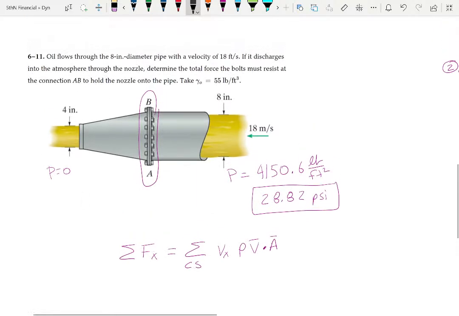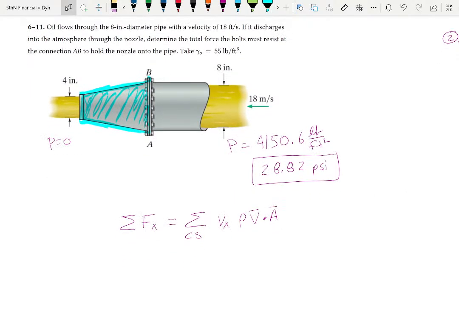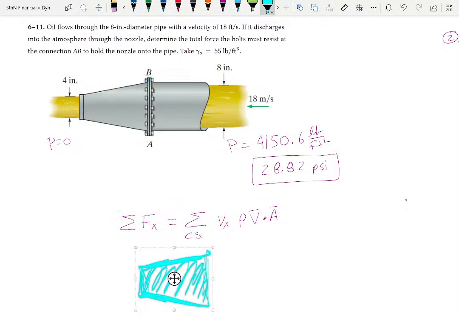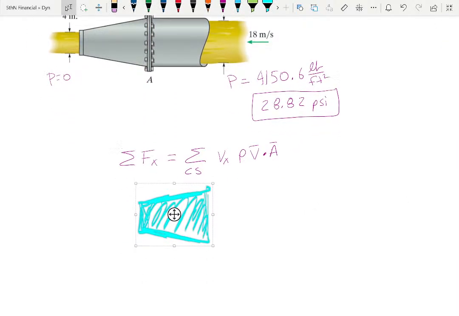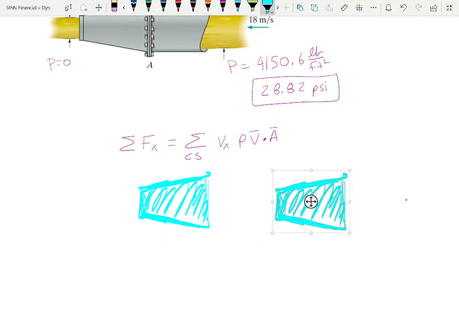So all you got to do now is say, what's my control surface? Here's my control volume, and it sits like this. You technically want to pull that down here, then do a copy and a paste, and look at them and say, what are the forces? Put the forces on the left one.